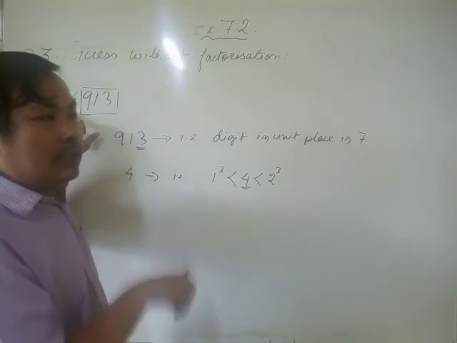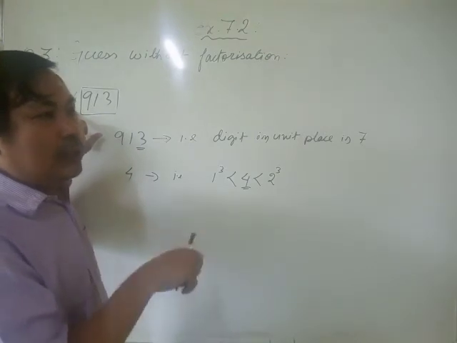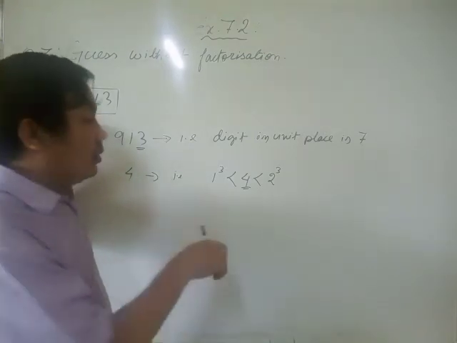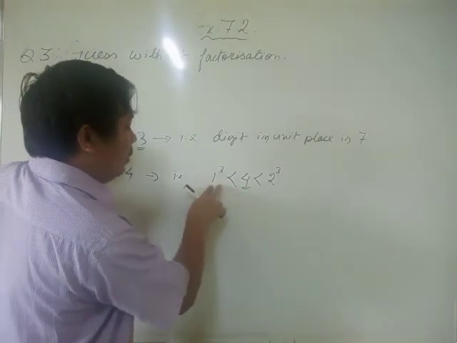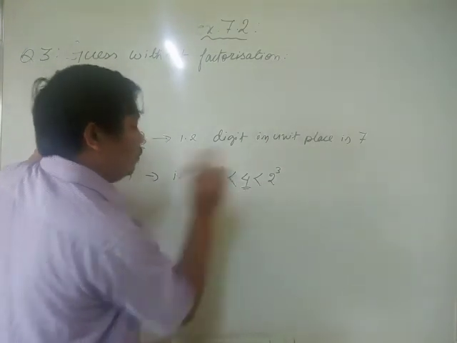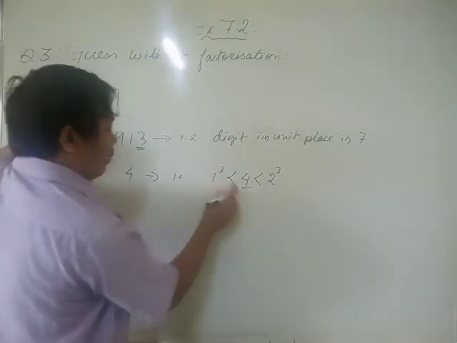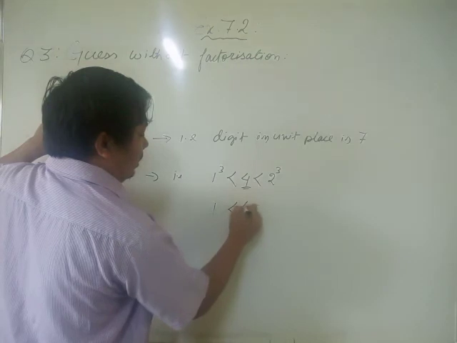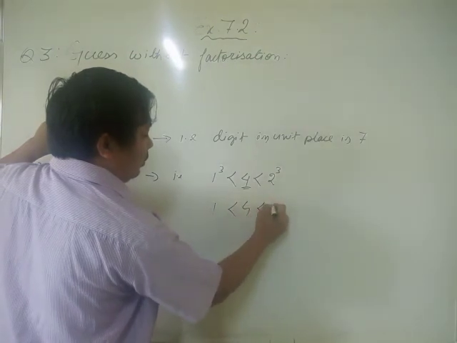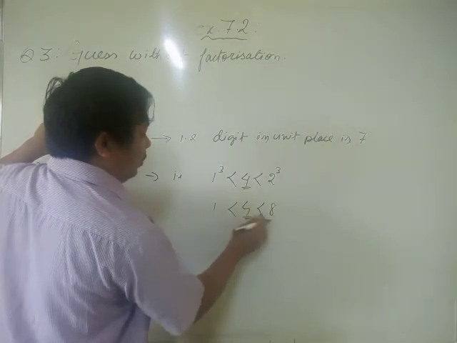We have to find out between whose cubes this number is lying. Now we get that the number 4 is lying between the cube of 1 and the cube of 2, isn't it? Yes. Cube of 1 is 1, and cube of 2 is 8. The number is lying between 1 and 2.